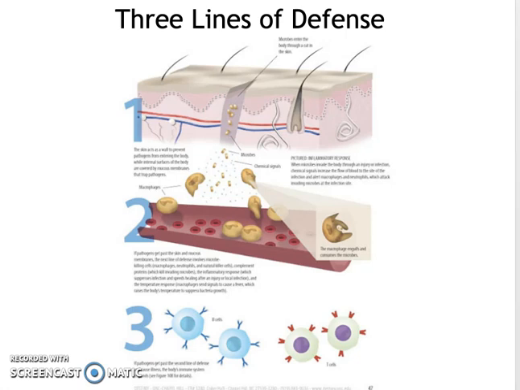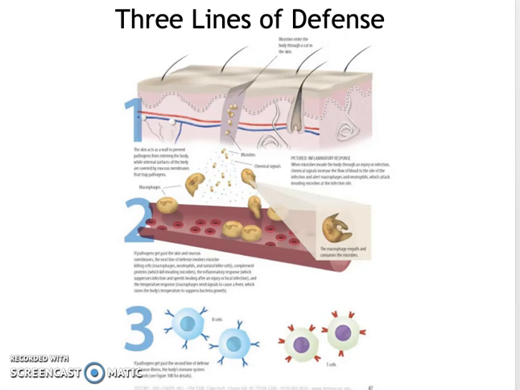However, the third line of defense must first learn about these pathogens before they are able to destroy them, making them weak initially, but very strong after they've learned to recognize the pathogens. All of these different lines of defense work together to combat disease.